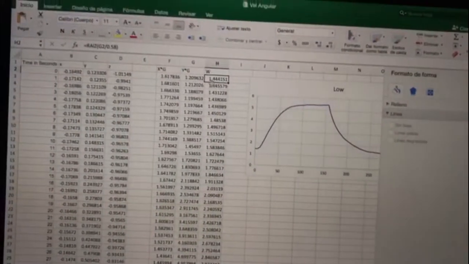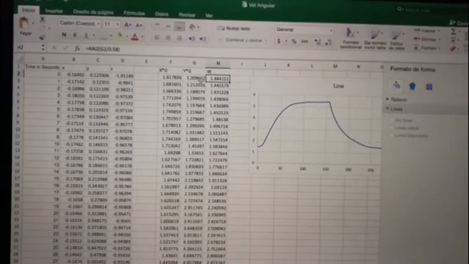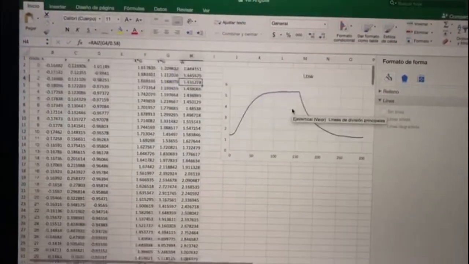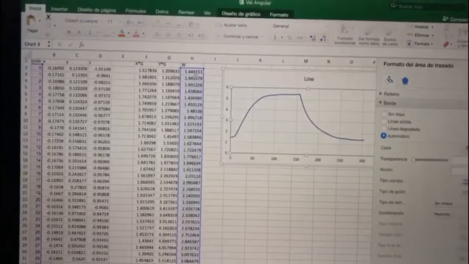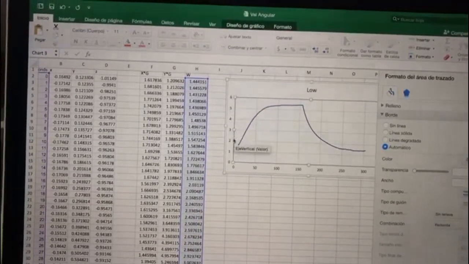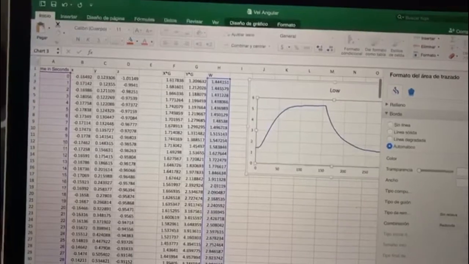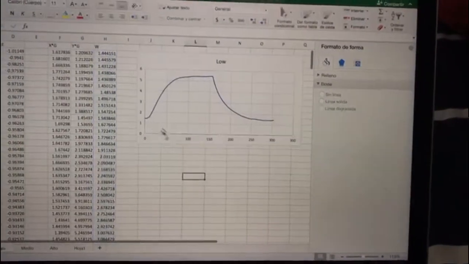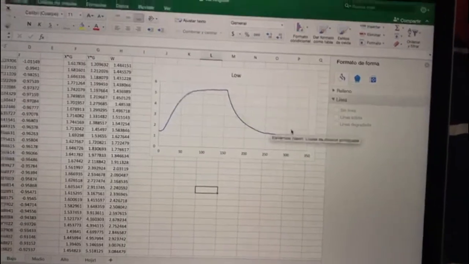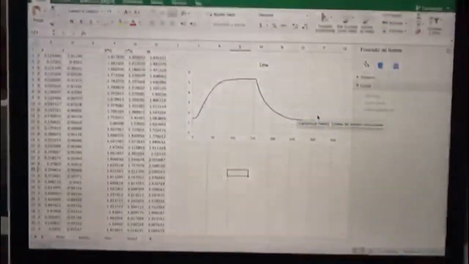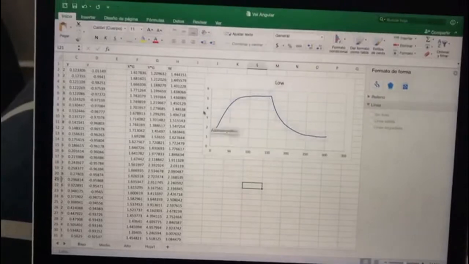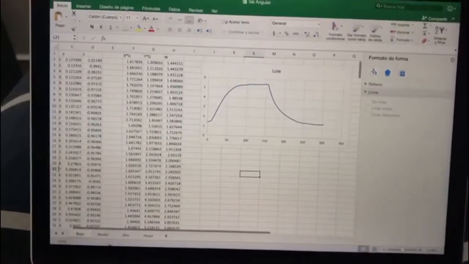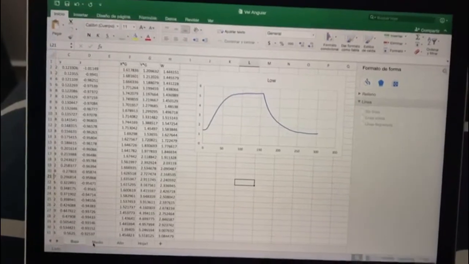After that we got w for each value of the acceleration, and then we made our graph, which is based on the values in X, in time, and in w. It's describing w according to time at the low speed of the fan.